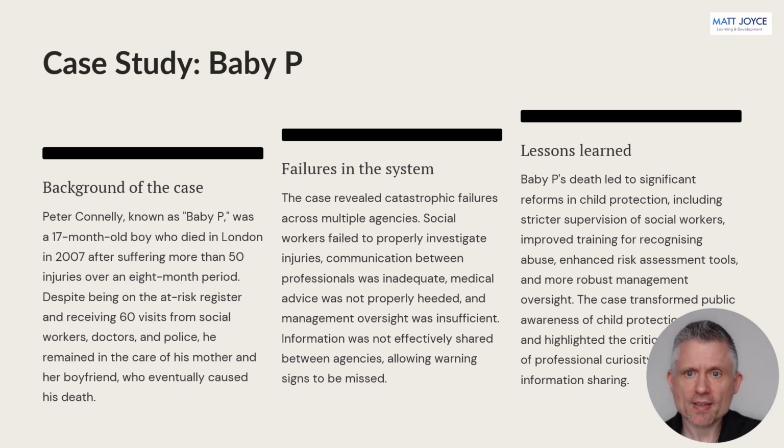Baby P's death led to significant reforms in child protection, including stricter supervision of social workers, improved training for recognising abuse, enhanced risk assessment tools, and more robust management oversight. The case transformed public awareness of child protection and highlighted the importance of professional curiosity as well as the importance of effective information sharing.